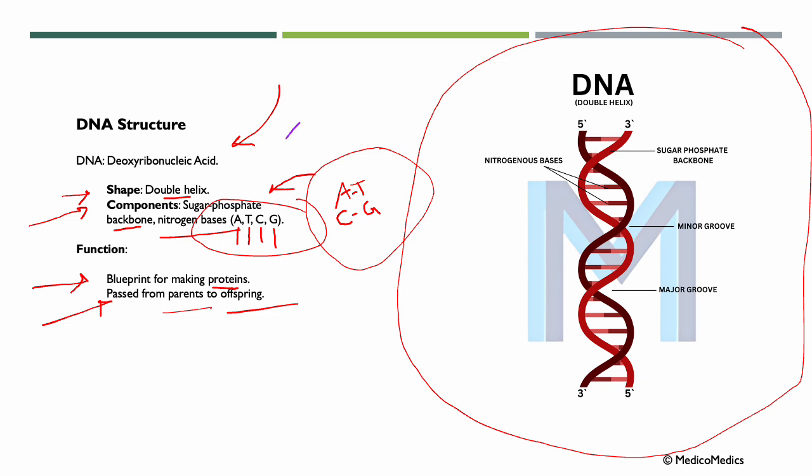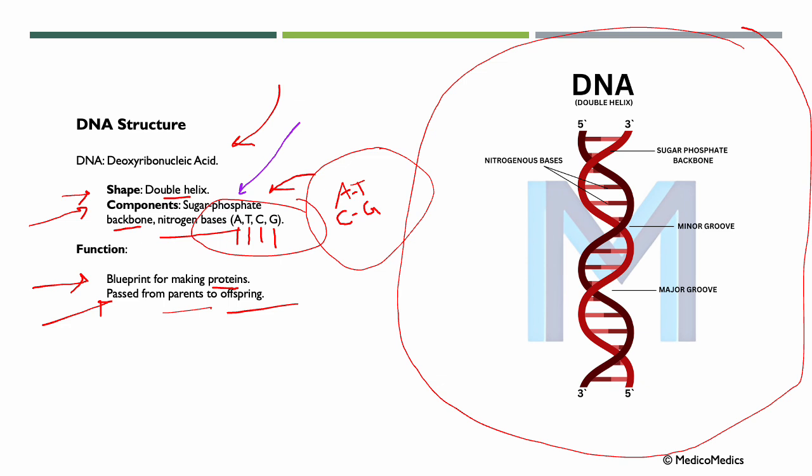So we can mention that the sugar phosphate backbone, the phosphate group, provides structural support by linking to the sugar molecule of the next nucleotide. And deoxyribose sugar is a 5-carbon sugar that acts as the backbone to which the phosphate group and nitrogenous bases are attached.